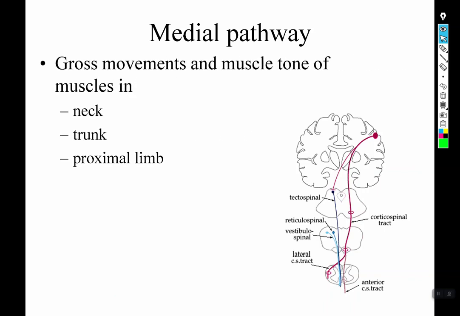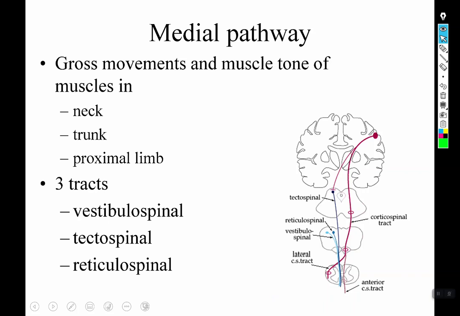And the reason I mention that is because we've got the reticulospinal and vestibulospinal tracts traveling medially, but they're also anterior from a positional perspective. So the anterior corticospinal tract is here, and then we also have the reticulospinal and vestibulospinal pathways that also stay medial and anterior, and those are going to originate further down.